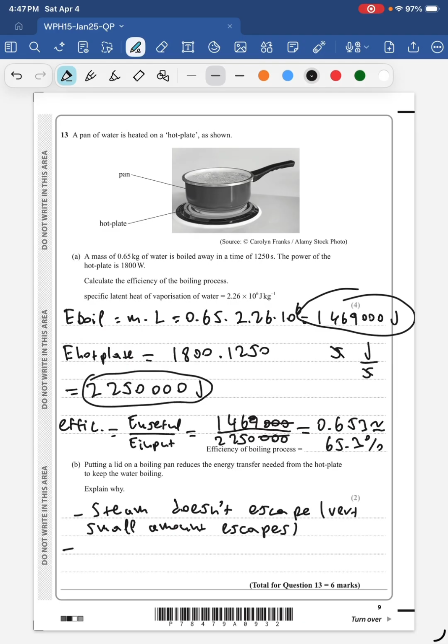And therefore the energy transfer is more efficient, and also because heat is not lost to the environment just by using the lid.